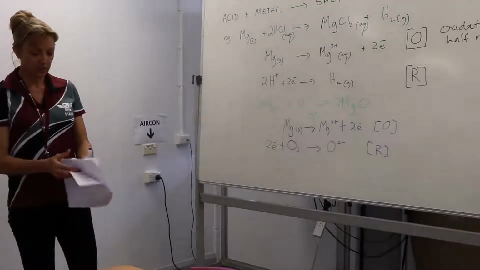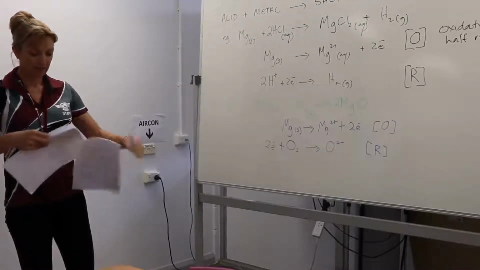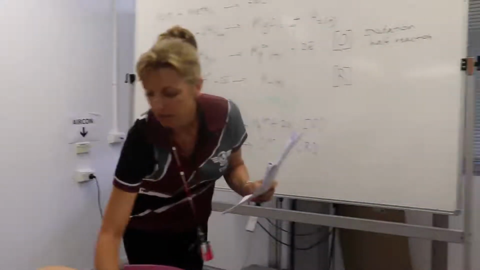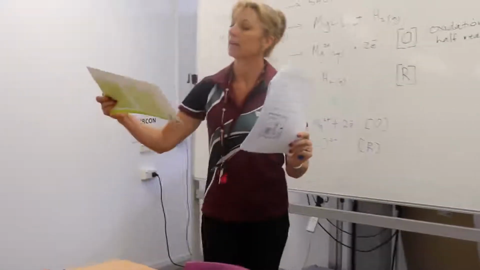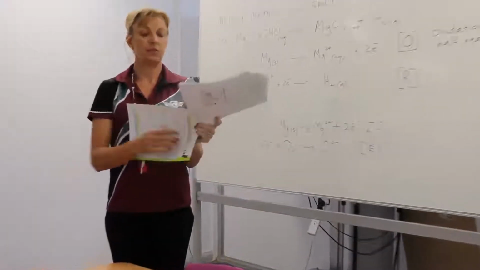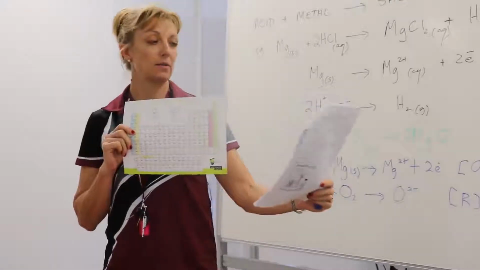So the final one that we're going to do is this one with the periodic table. So take in your, I've given you a periodic table, this one, and you should be able to do this. This is basic knowledge of periodic tables and the reactivity of metals.